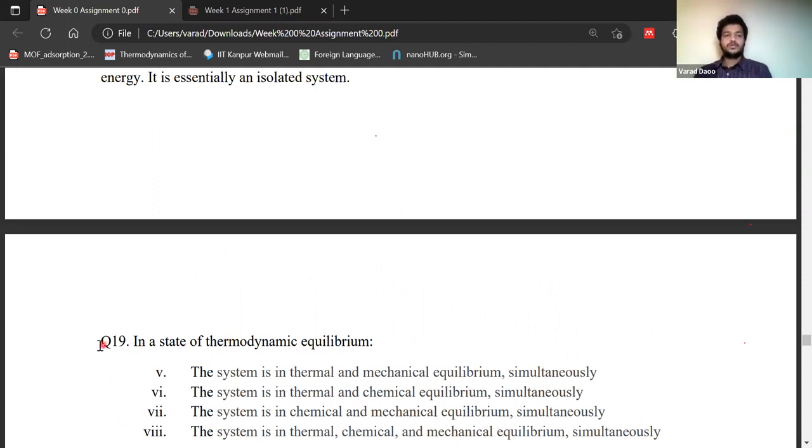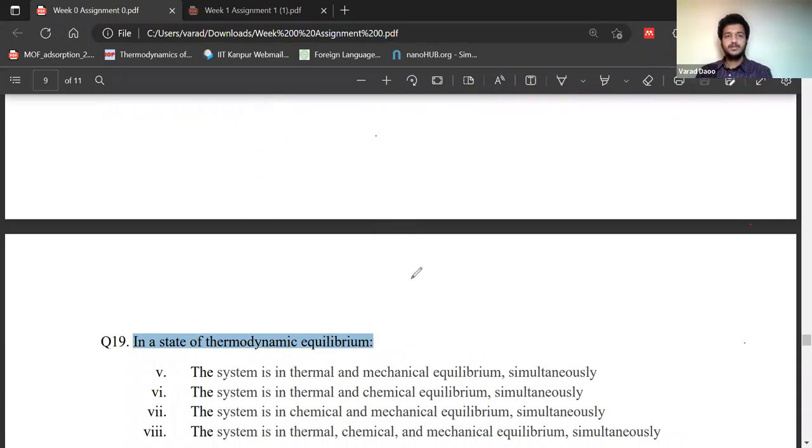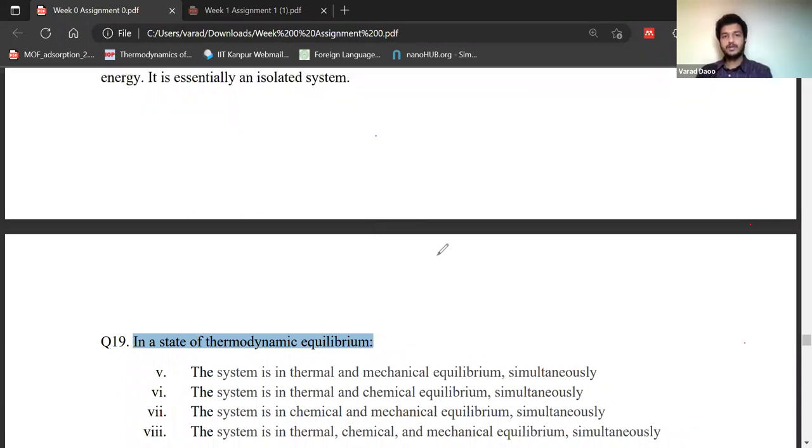So we'll go to the next question, which is question 19, the second last question of today. So, in a state of thermodynamic equilibrium: a similar question I have already taken. So let us understand what is thermodynamic equilibrium.